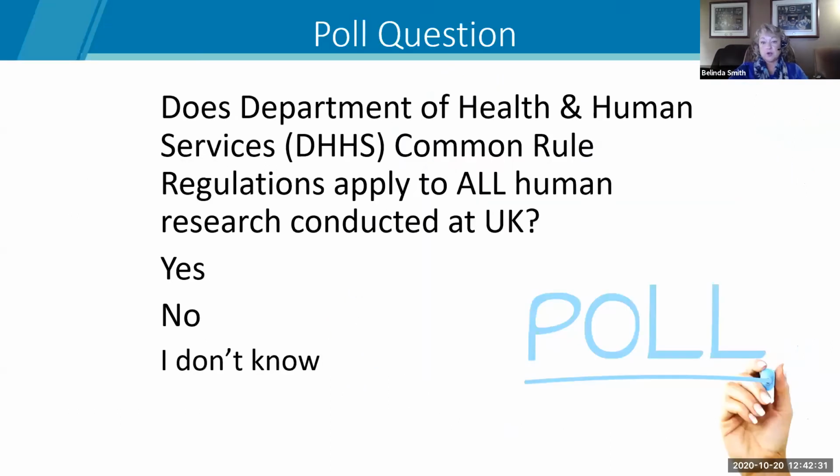So I'm going to launch a quick poll that Michelle's going to throw up on the screen. The question for this poll is, does the Department of Health and Human Services Common Rule regulations apply to all human research conducted at UK? You can answer yes, no, or I don't know.